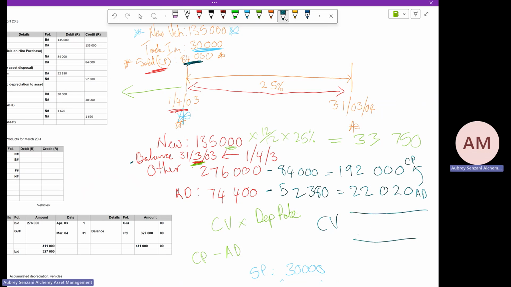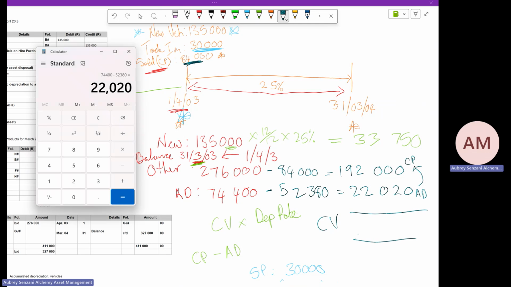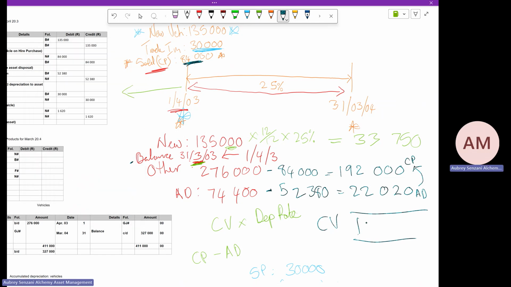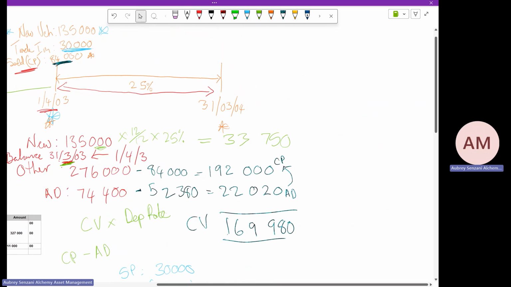Right. Let's get our calculator again. We can do this together. So I'm just going to say minus 192. Okay, so 169,980. Now we can apply our rate of depreciation.